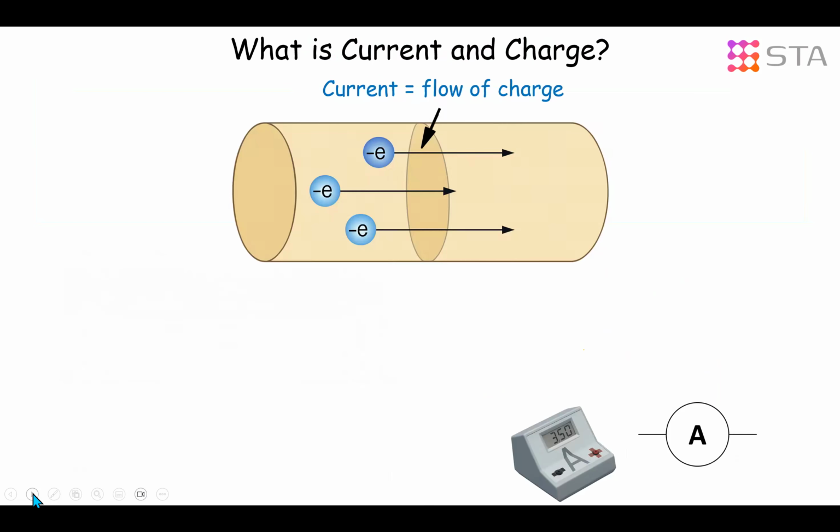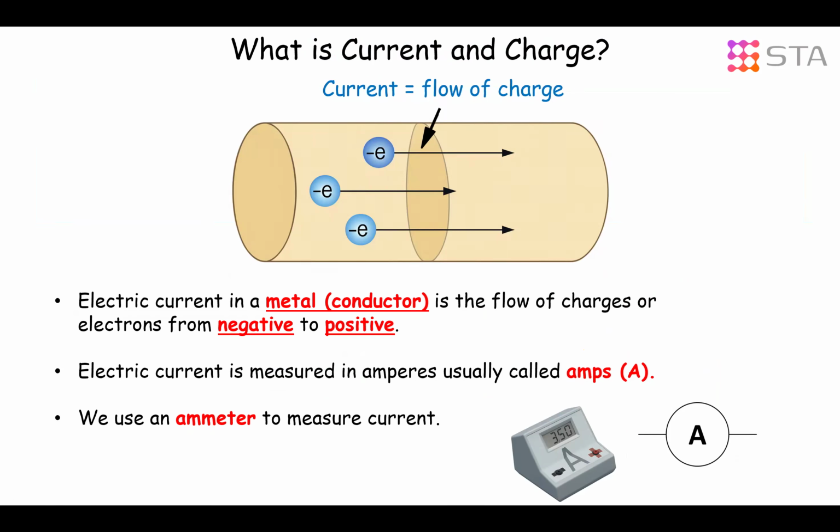Now moving on. This is the inside of a wire or conductor, and you can see the electrons as they go past a certain point. Electric current in a metal or conductor is the flow of charges or electrons from negative to positive.